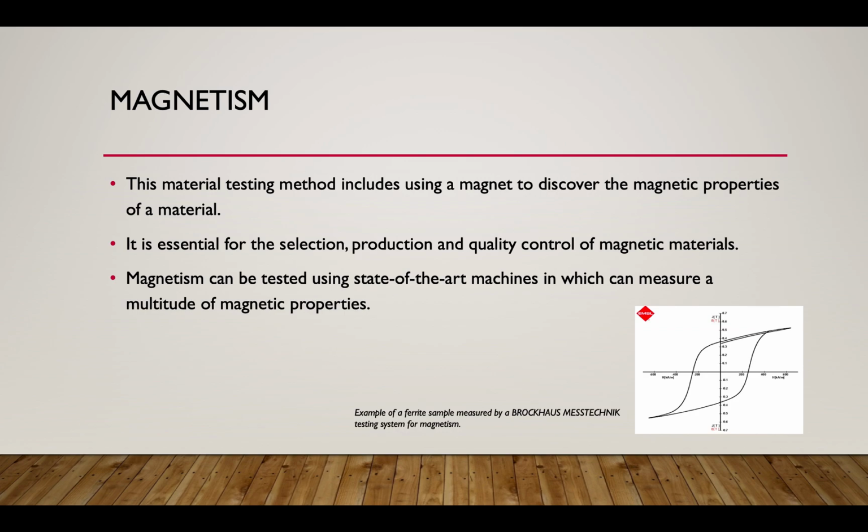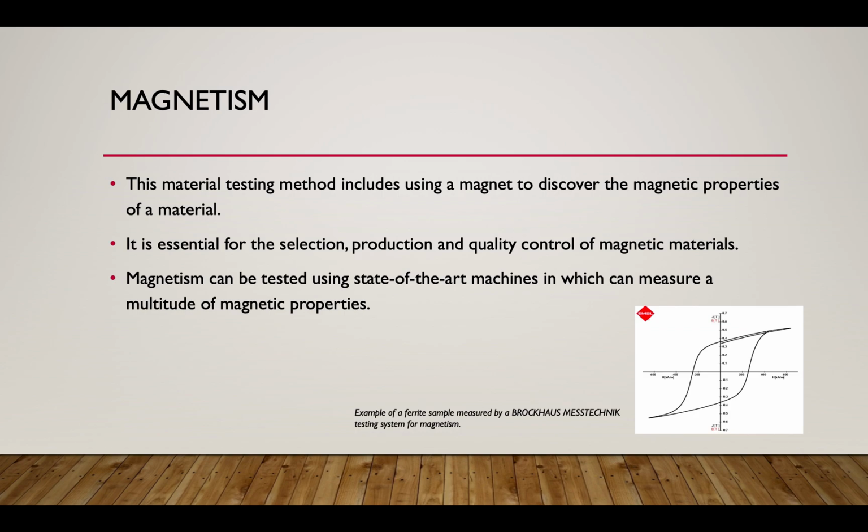Magnetism can be tested using state-of-the-art machines, which can measure a multitude of magnetic properties. These properties include maximum and initial magnetization, saturation magnetization, remanence, and coercive field, and the machine can create a demagnetization curve of a magnet on a graph for further investigation.